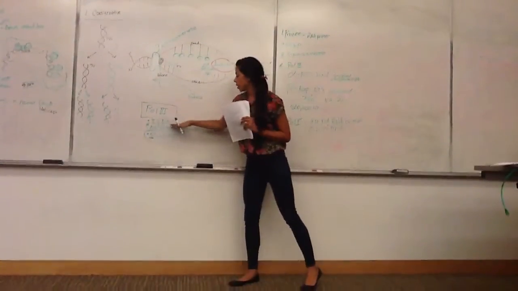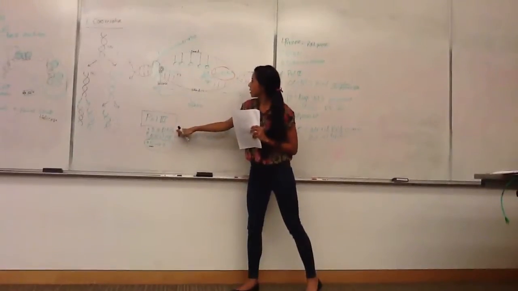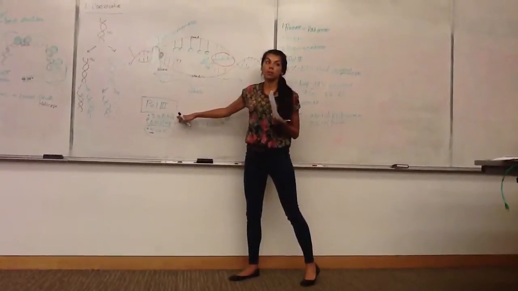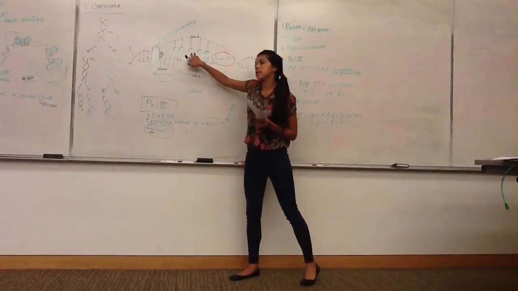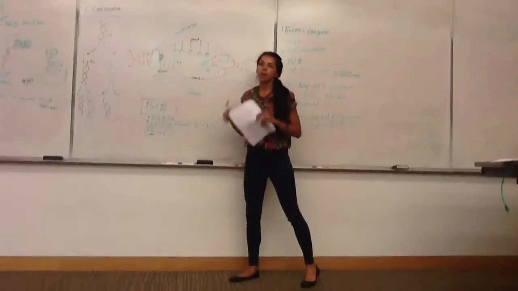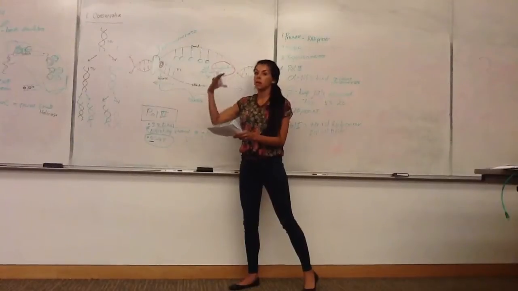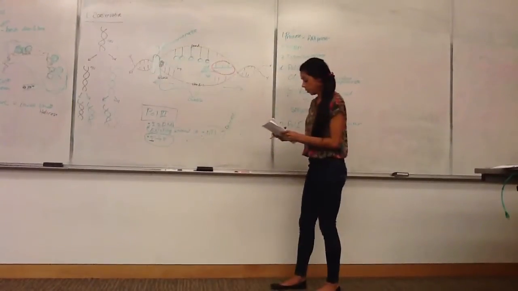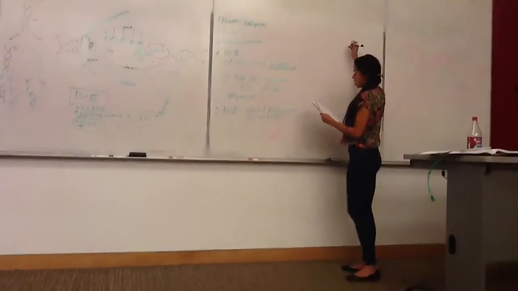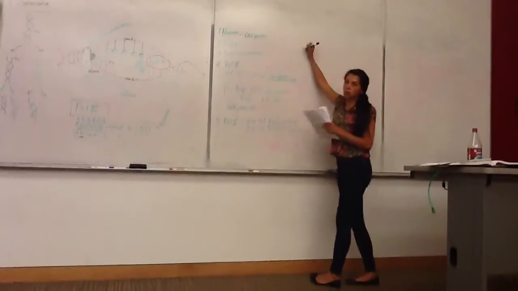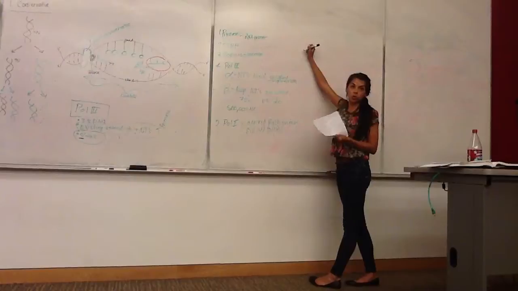And the single-stranded DNA rule is solved by a myriad of different proteins, but one being the single-stranded binding protein, and then also the initiating protein that started separating the strand. Okay, so now we're going to talk about the leading and the lagging strands.